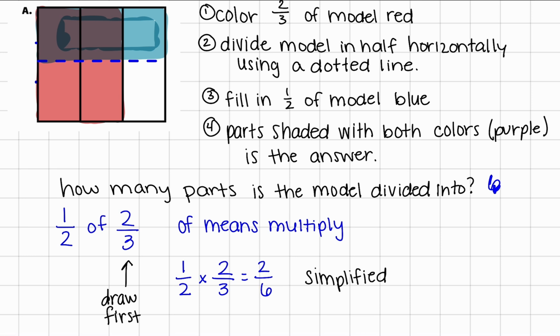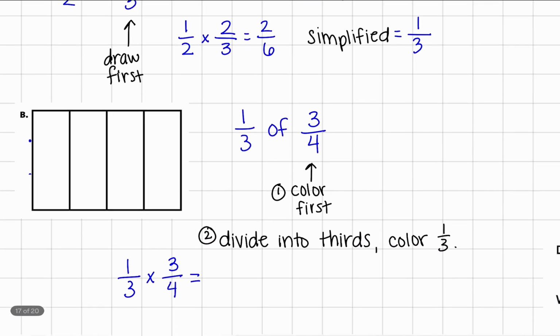And if we simplify that, remember, both 2 and 6 are even numbers, so we can divide them by 2. 2 divided by 2 is 1. 6 divided by 2 is 3. So 2/6 equals 1/3. So 1/2 times 2/3 equals 1/3. Okay, we're going to practice this more.